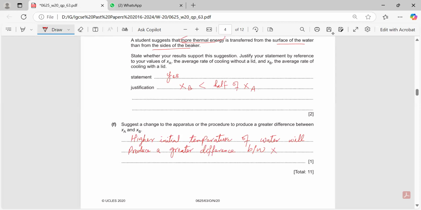Between XA and XB, which are the rates of cooling of water in different beakers, one with a lid and the other without a lid.